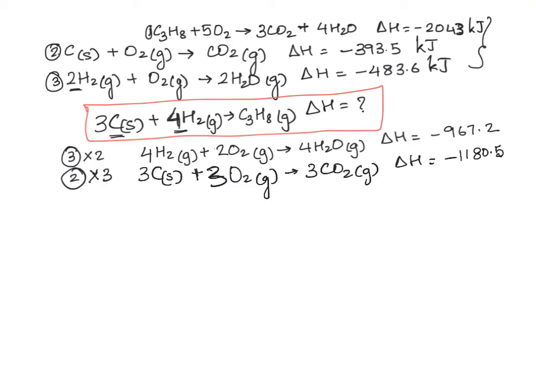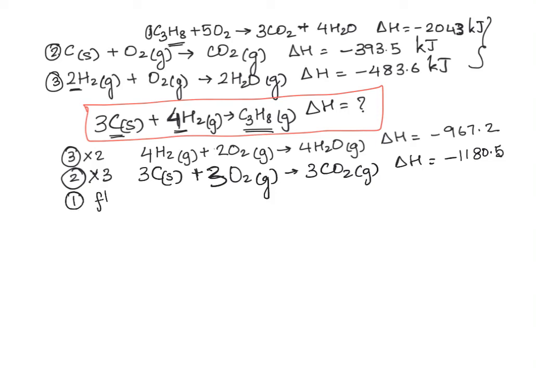We're also interested in having propane on the product side. In the given reaction number 1, we have propane on the reactant side. So we're going to flip reaction 1.